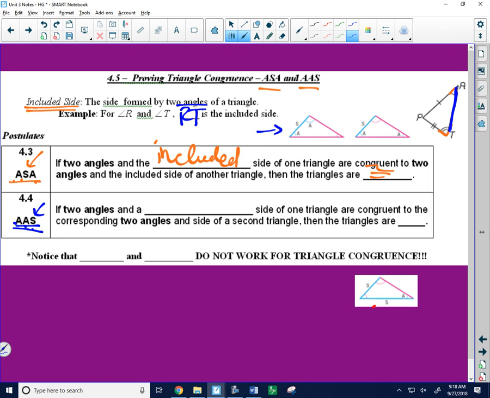So I said two angles and a non-included side of one triangle are congruent to the corresponding two angles and side of a second triangle, and the triangles are congruent. This one's angle angle side. This one's angle side angle.